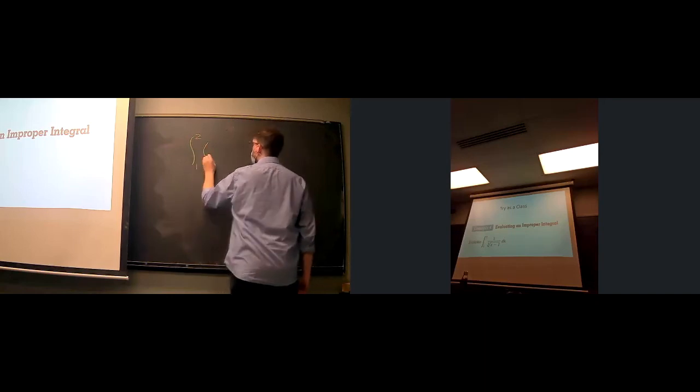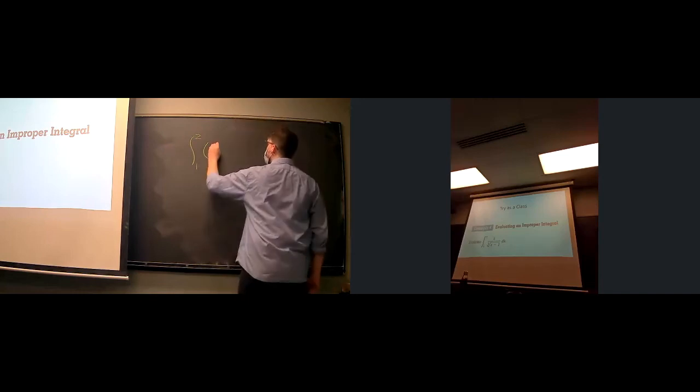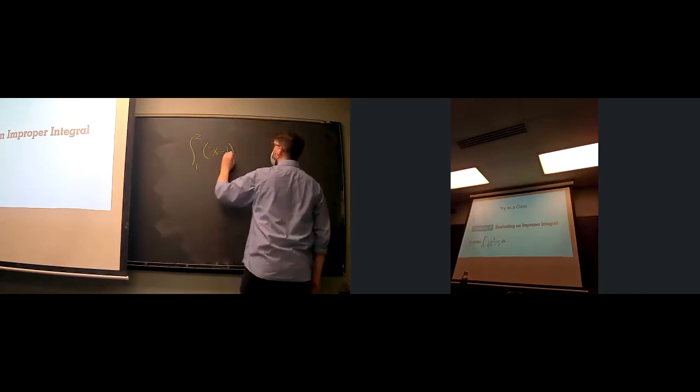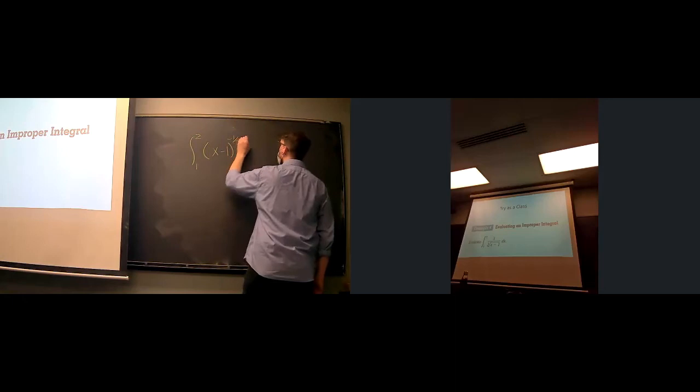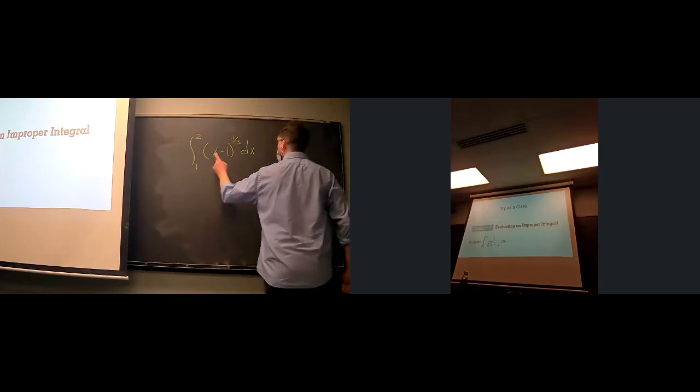This first example is the integral from 1 to 2 of x minus 1 to the negative 1/3 dx. We're discontinuous at x equal to 1. So we have to rewrite this.